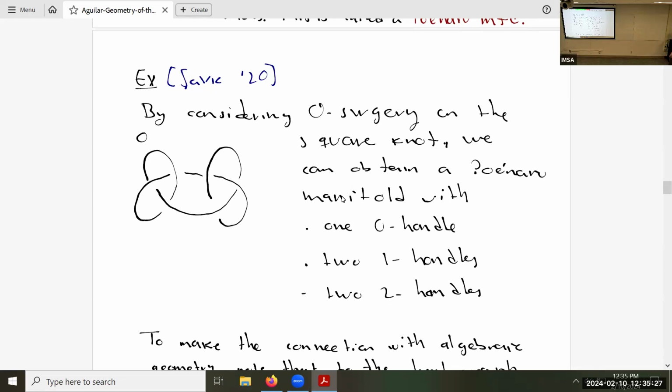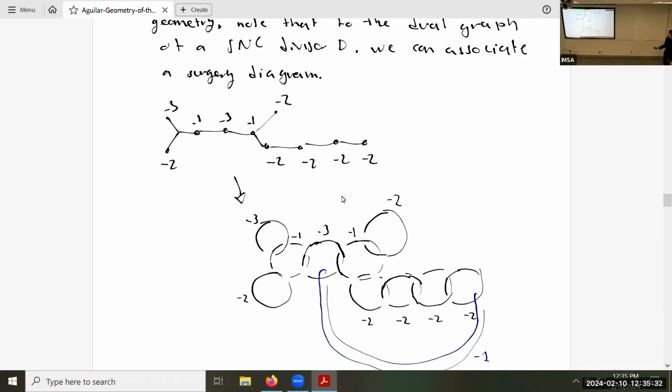Now let me make the connection with algebraic geometry, and it's as follows. When you have a diagram like the one I gave you for the Ramanujam surface, that is the dual graph of a simple normal crossing divisor, you can associate a surgery diagram. So for every point that you have here, you can put a knot, and whenever you have an edge, you can tangle these knots here.